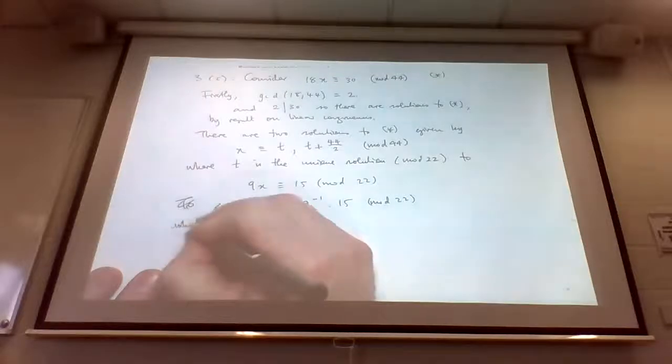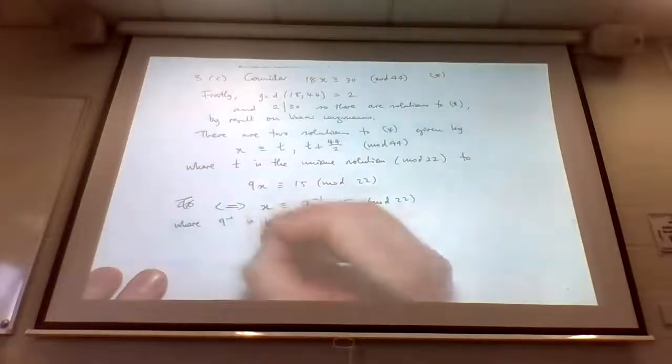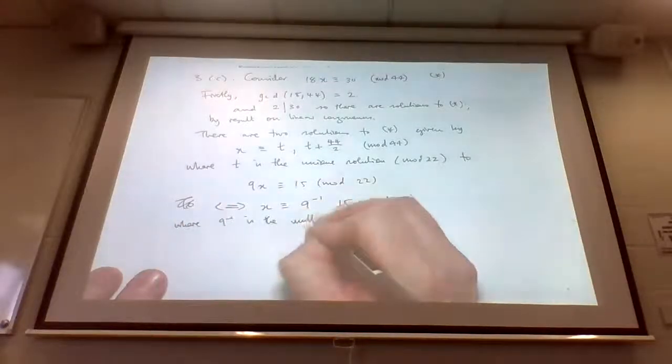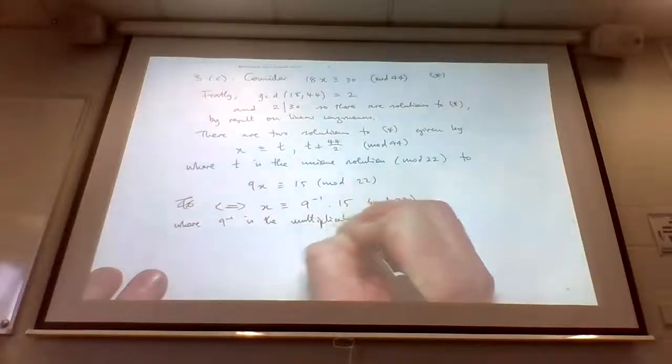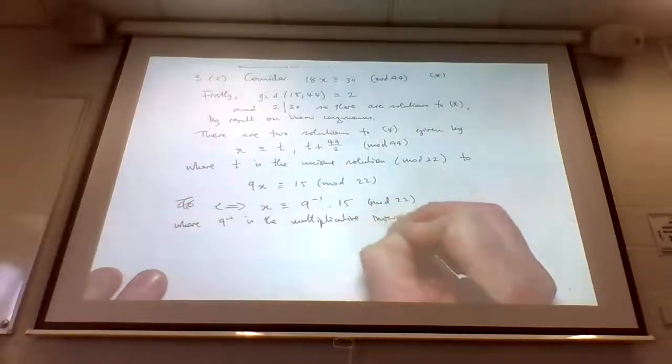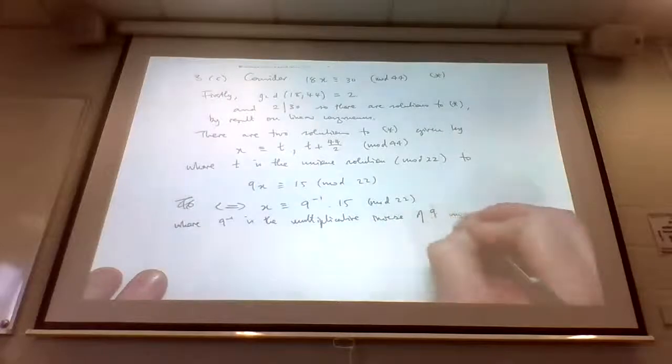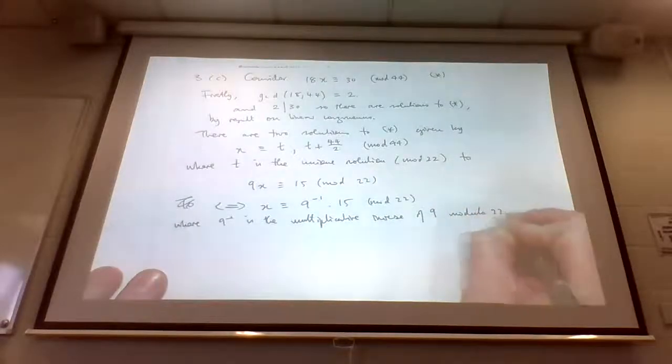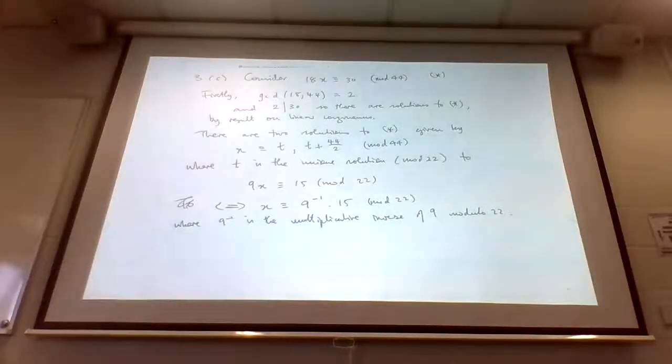Or 9 inverse. Maybe this is clear from the context, but this is the multiplicative inverse of 9 modulo 22. So we should declare what this is. Now we might be able to just spot this in our minds, or we might have to do a little side calculation to work out what the inverse is.